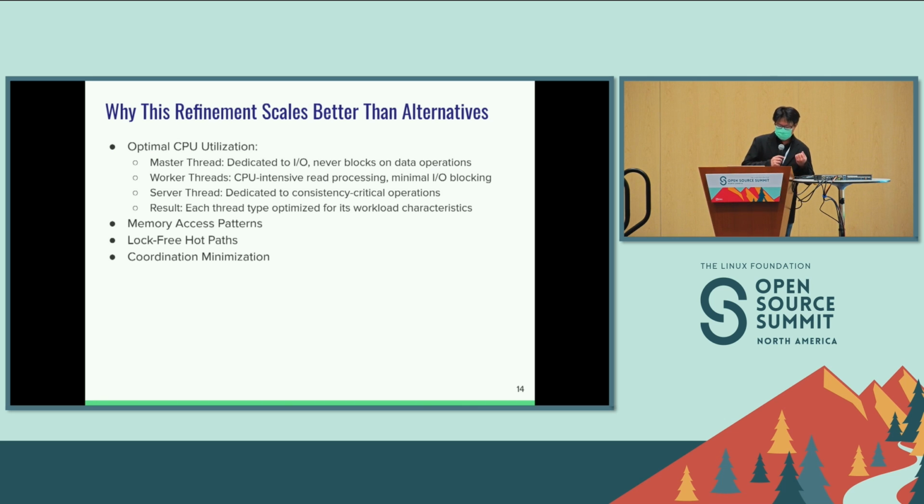So the reason we think the approach is better, I mean for better scalability and lower latency, is it's possible to get the optimal CPU utilization based on the well-structured design through master, worker, and server consolidation.